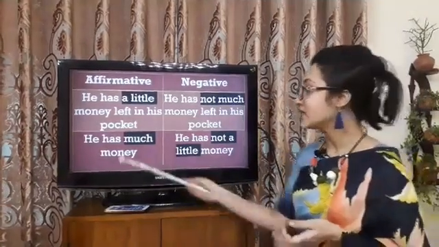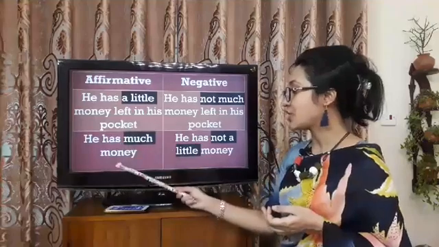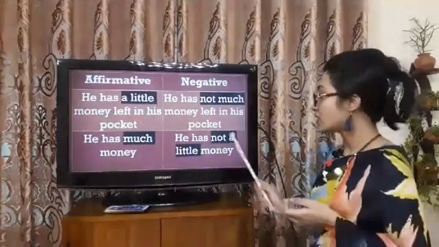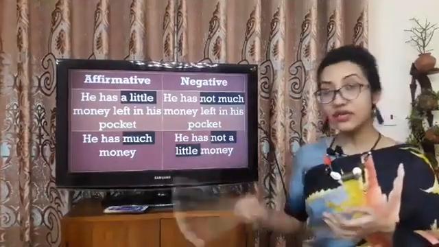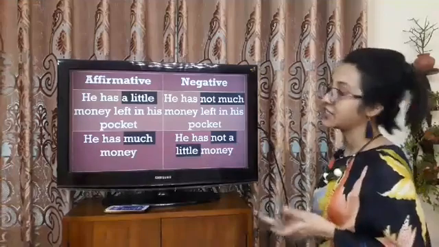On the other hand, he has much money. Here we have much as an adjective with uncountable noun money. So আমরা not লিখে আবার ওই যে ইন্টারচেঞ্জ করে ফেলেছি. When we have much, we have written a little money.